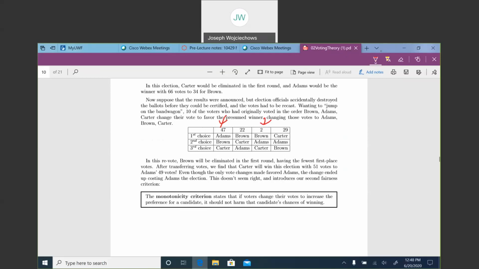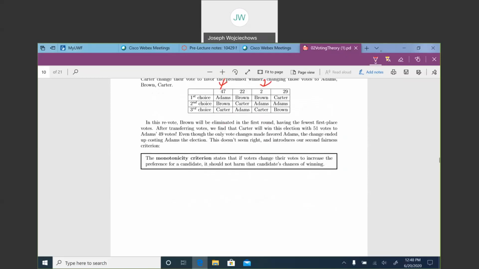In this revote, Brown will be eliminated in the first round, having the fewest first place votes. After transferring votes, we find that Carter will win the election with 51 votes to Adams' 49 votes, even though the only vote changes made favored Adams. The change ended up costing Adams the election.